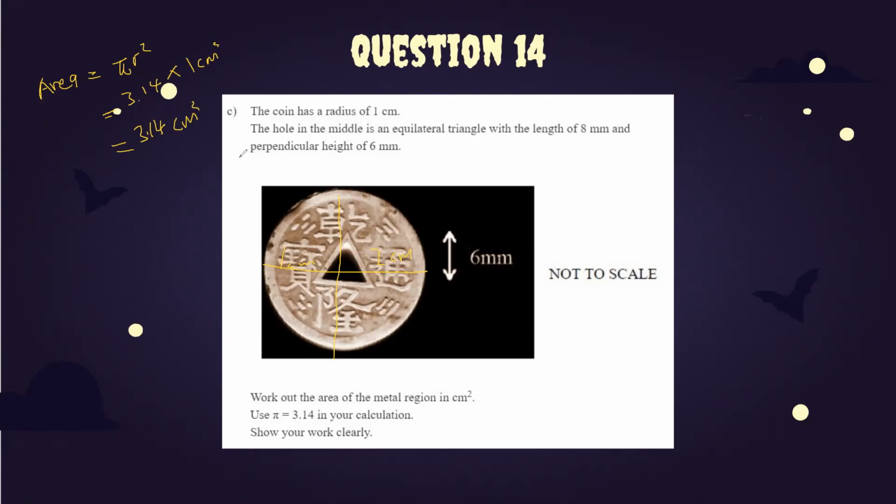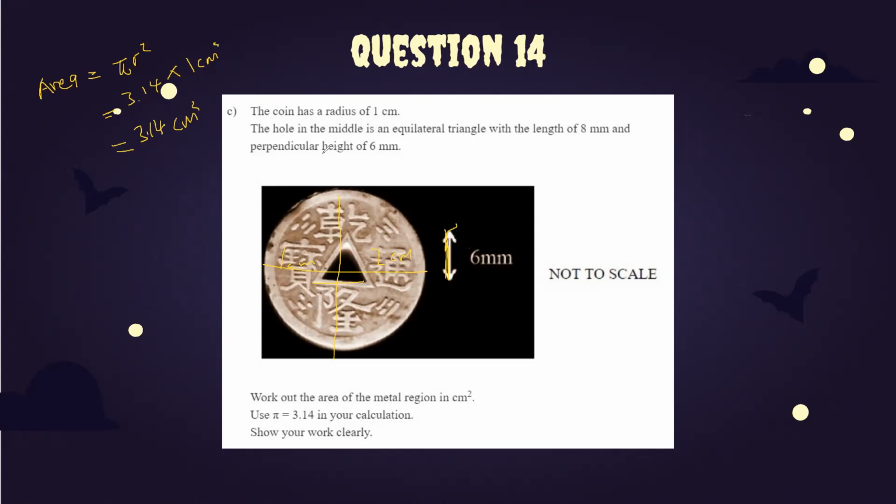So this is the area for the coin. And because it just wants you to find the metal region, you need to minus the hole in the middle. The hole is an equilateral triangle with a base of 8 mm and a height of 6 mm.